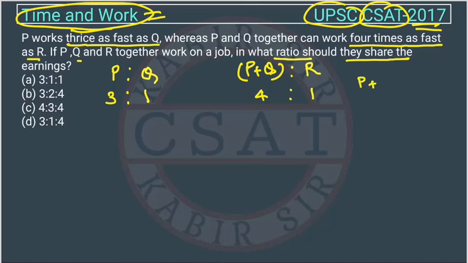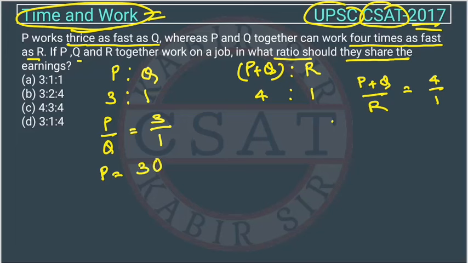So this will be like P plus Q upon R is how much? 4 upon 1. And from here P upon Q is equal to 3 upon 1, right? So P will become how much? P will become 3Q.